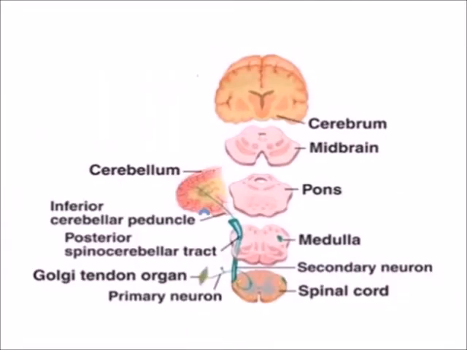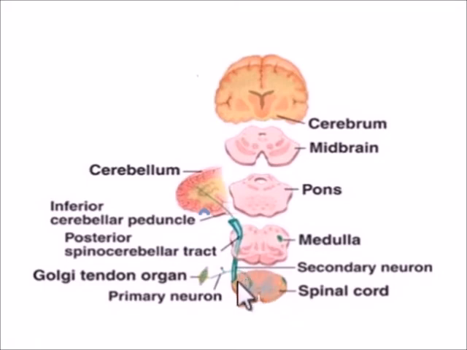To repeat again, you can see here the posterior spinocerebellar tract arising from the Golgi tendon organs and muscle spindles go through the dorsal root and dorsal root ganglia to enter the spinal cord, and then it ascends upwards without crossing to other side of the spinal cord.